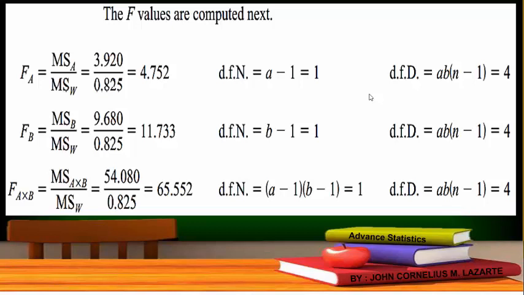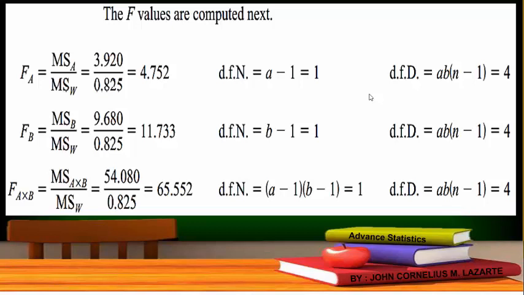For the F value of B, we have the mean square, which is equal to 9.680, divided by the mean square within group, which is 0.825. We obtain 11.733, which also has degrees of freedom equal to 1 numerator, and degrees of freedom denominator equal to 4.